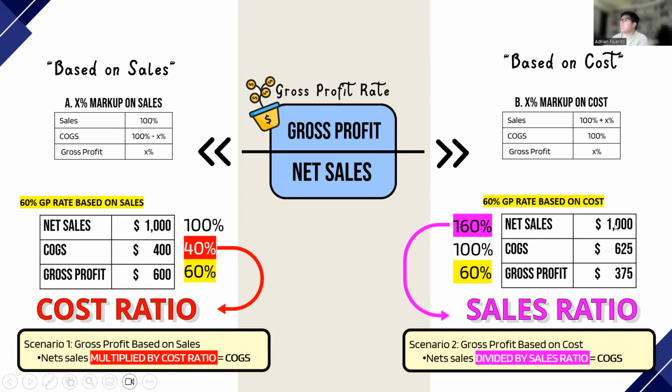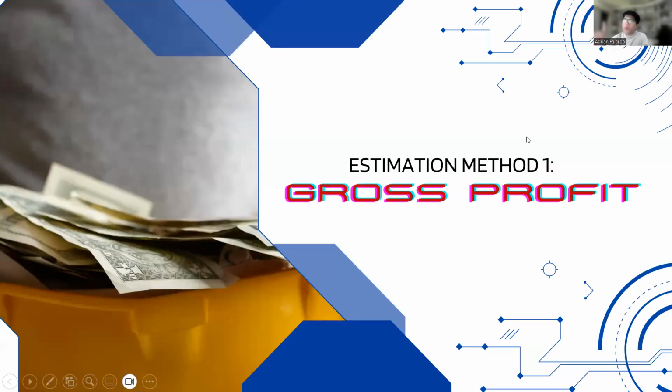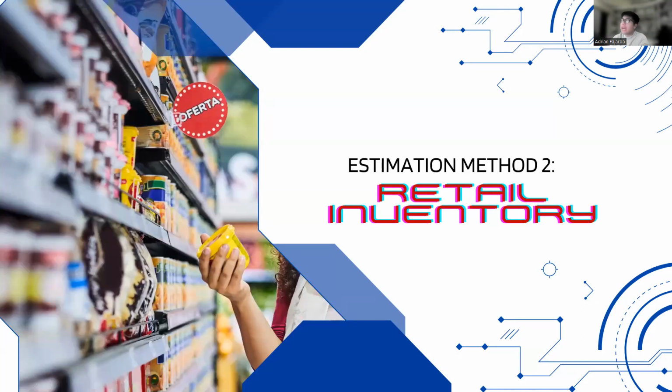So net sales of 1,000 divided by your sales ratio of 160% will give you your cost of goods sold at 600. So that's one way of estimating the cost of goods sold. So now let's go to the estimation method number 2.